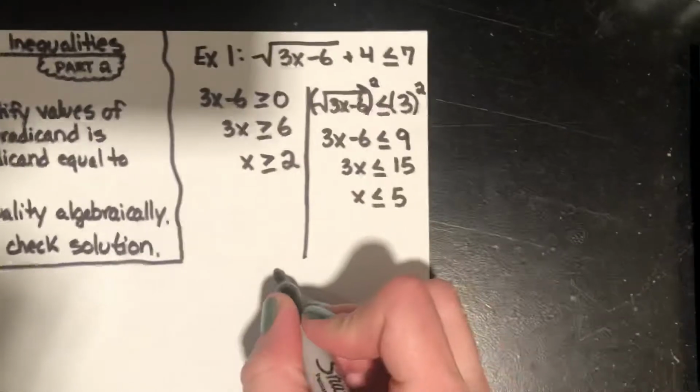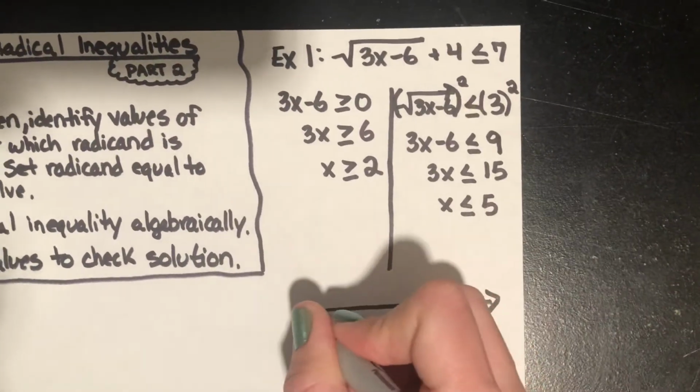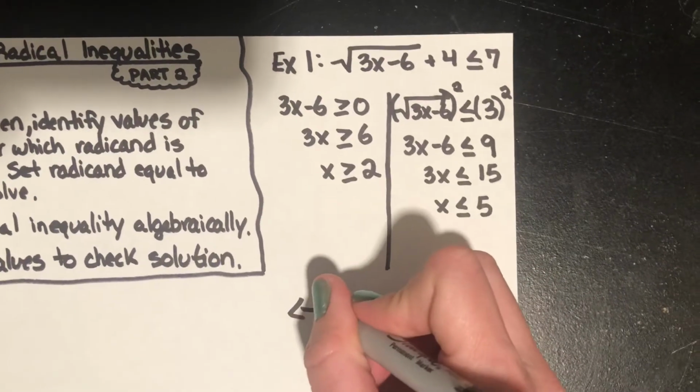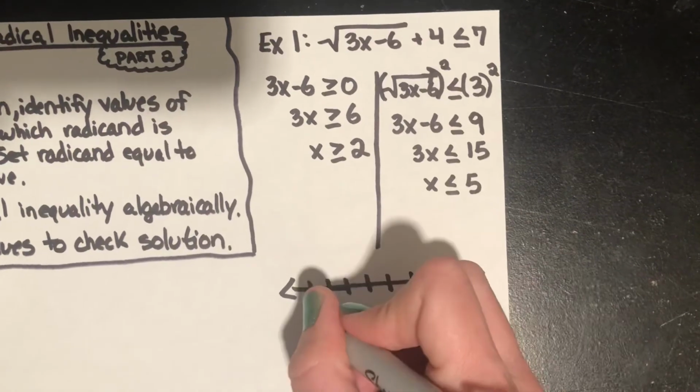All right, I'm going to put these onto a number line. I'm going to draw a number line right here and label it 1 to 6: 2, 3, 4, 5, 6.